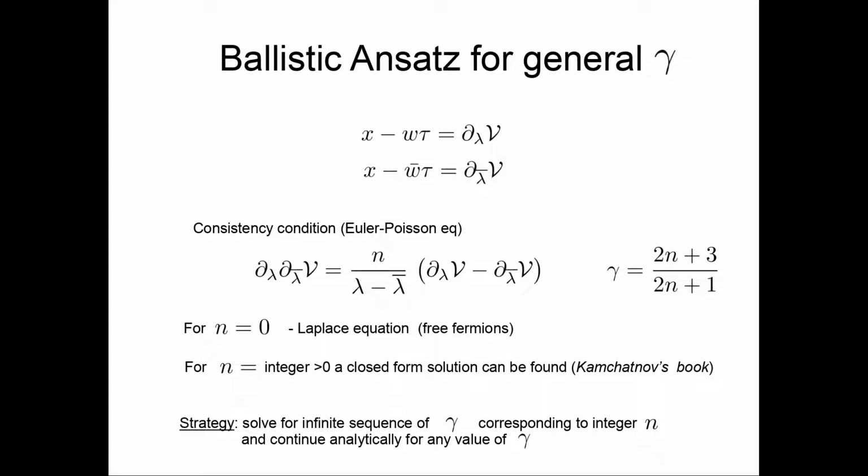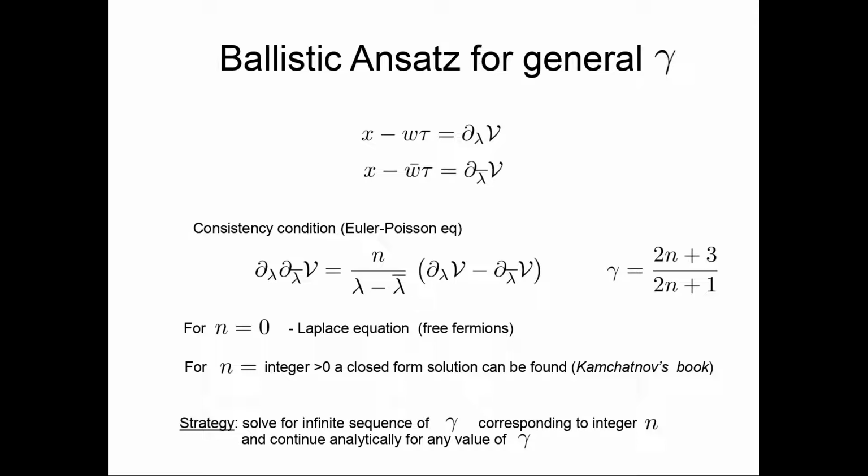There is a simple relation between n and gamma, but the solutions to this equation can be found in closed form only for integer n. So for special values of gamma, there is a sequence of gamma going, in some limits, from 1 to 3 for positive n, and n equals 0 corresponds to free fermions.